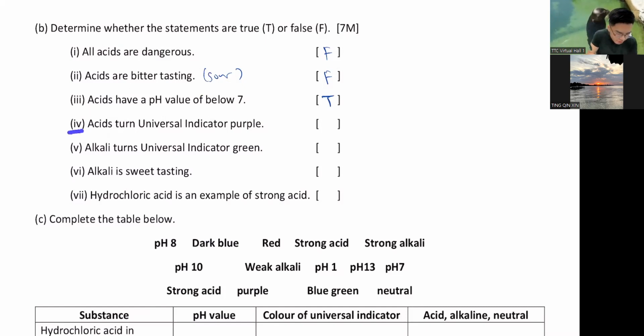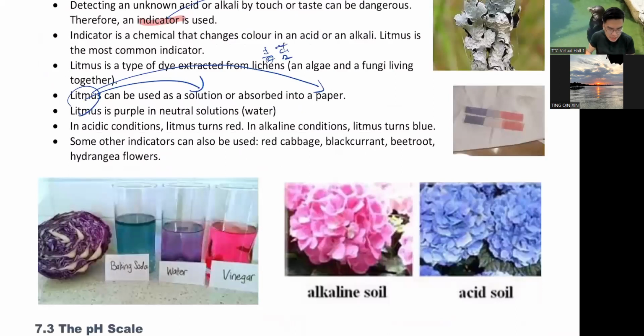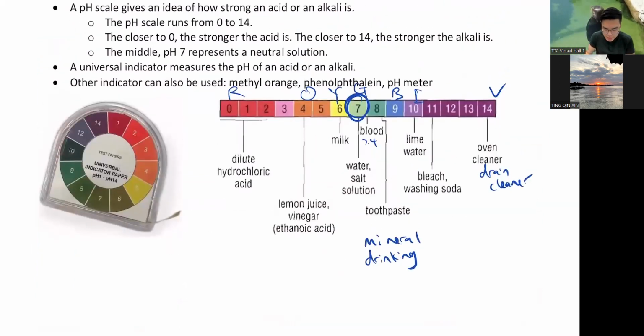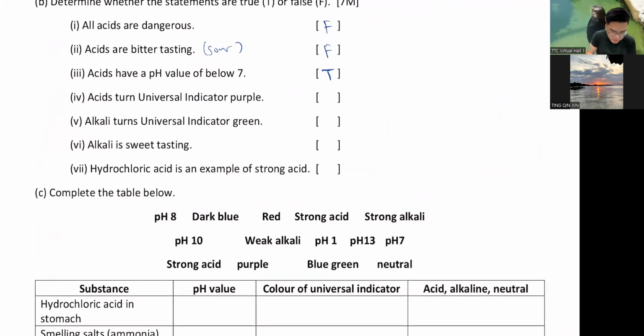And then number 4, acids turn universal indicator purple. Is it purple? This one you have to memorize lah. Okay, 这个你要记得，purple is alkaline. Acid is red. Remember your rainbow. 红橙黄绿蓝靛紫. Okay, red, orange, yellow, green, blue, indigo, violet. So this is false. Okay, it should be red.